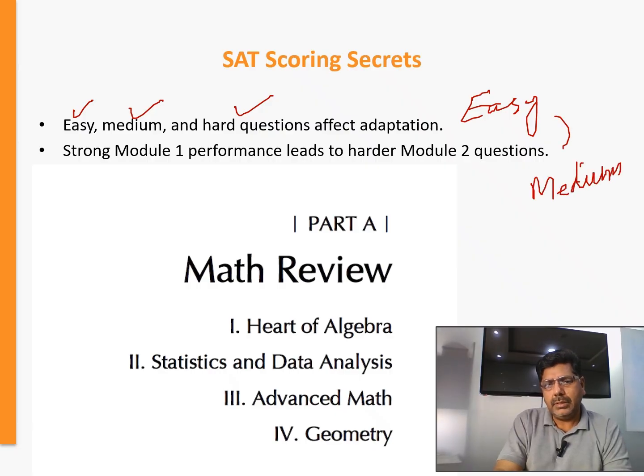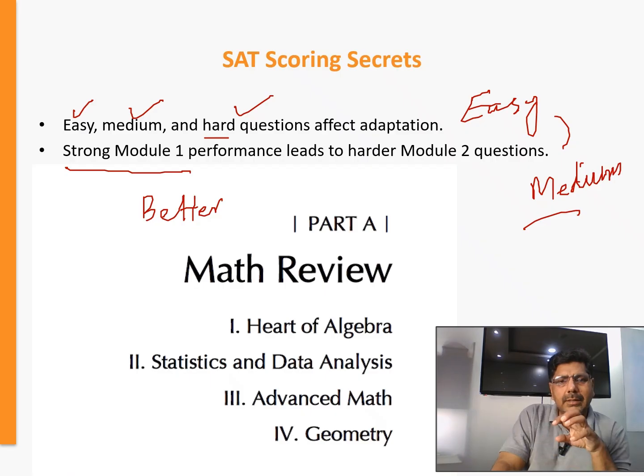Once you are done with these questions, go to the hard one. But if you perform strongly in the first module, it leads to the harder module 2 questions, which gives you a better score. Better performance will give you a better score.